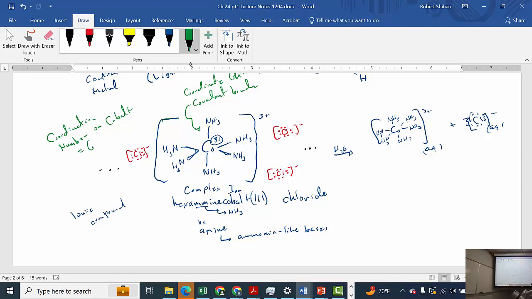And the coordination number on cobalt is 6, because of the 6 bonds. That's about the max. We could try to fit a 7th on there, but it's not going to fit. It's got a max coordination number of 6 here. If there was a lone pair, would it count towards the coordination number? Yes. If there's a lone pair there, it would count towards the coordination number.